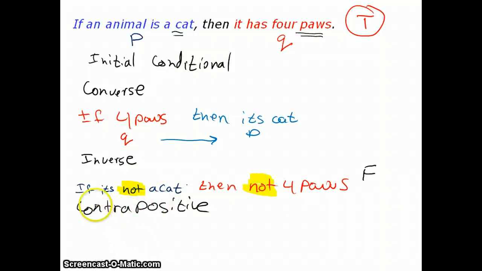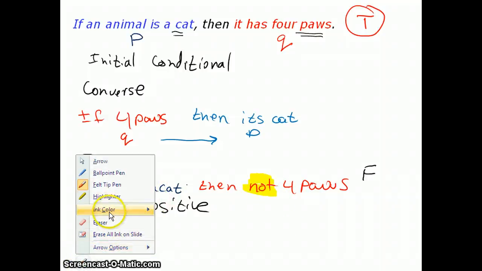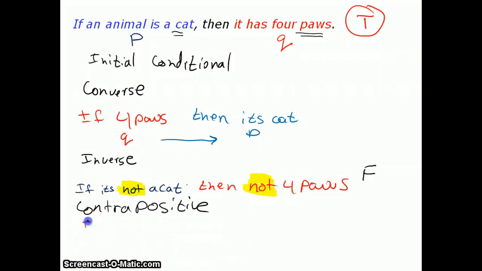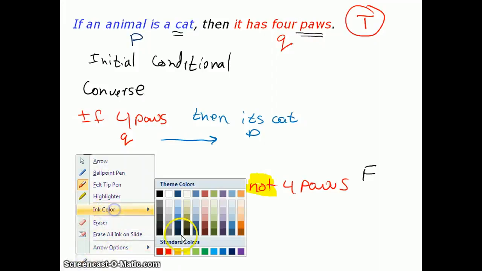Now the contrapositive: I switch and negate both. So if it does not have 4 paws, then not a cat.